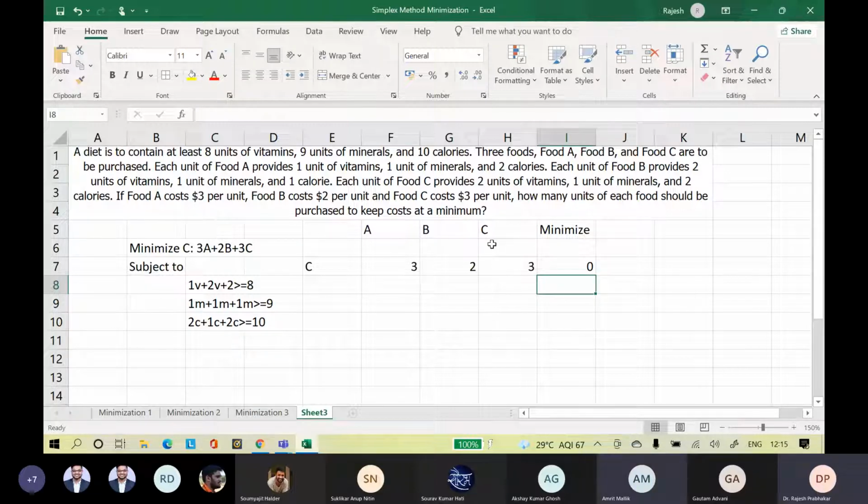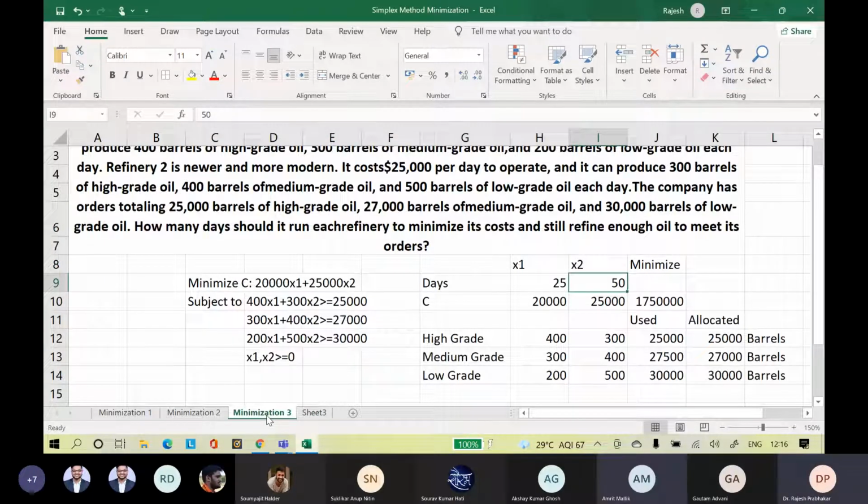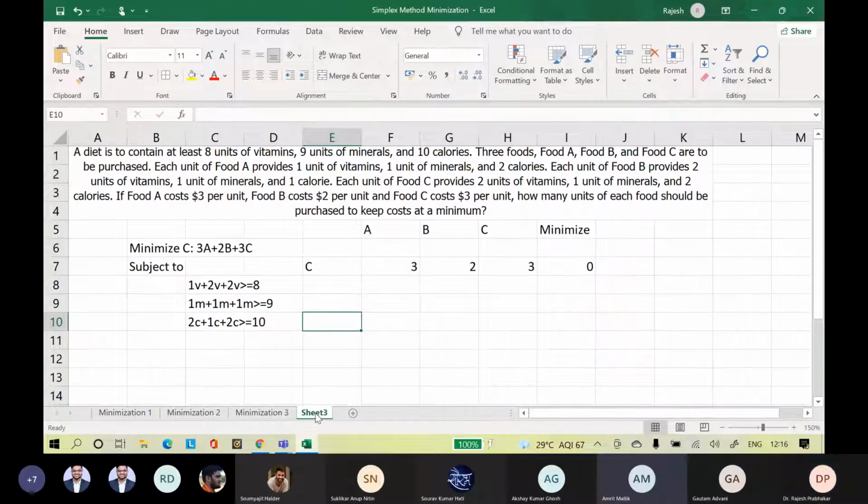Sir, in the constraint equations, there is one variable per equation. So won't we get the variable's value by directly solving them? Let's suppose the first equation 1v plus 2v plus 2v is greater than or equal to 8, so we can just solve for v. I didn't get you, could you repeat? There must be three different variables per constraint, right, sir?